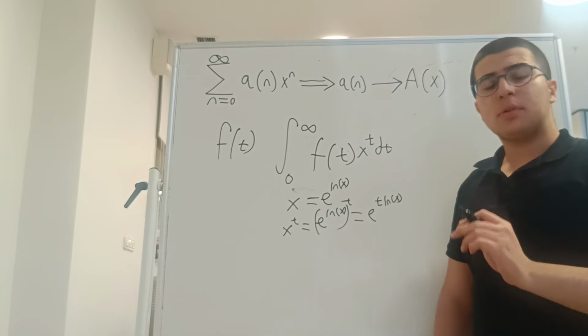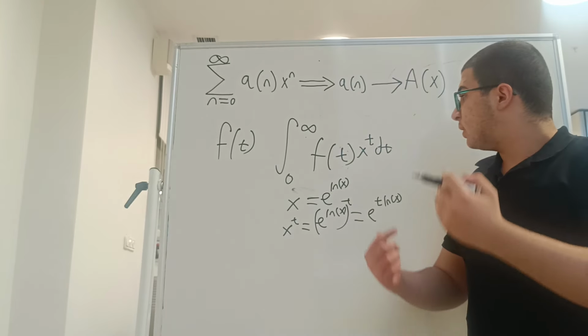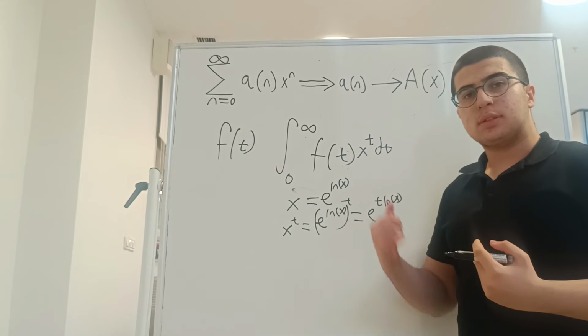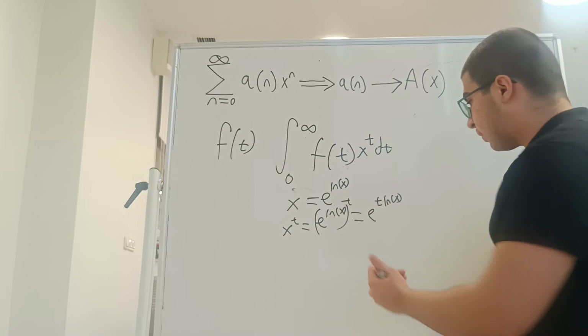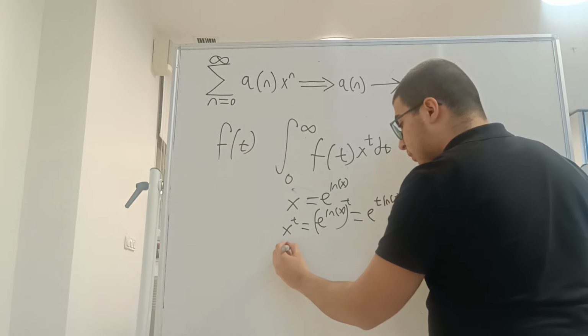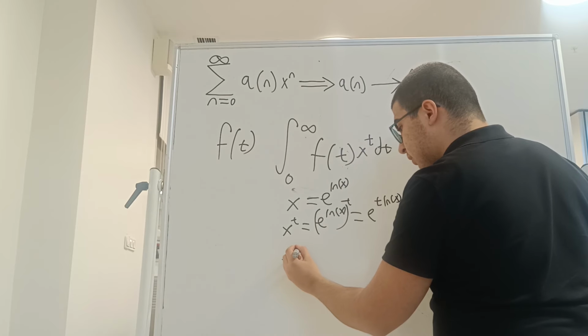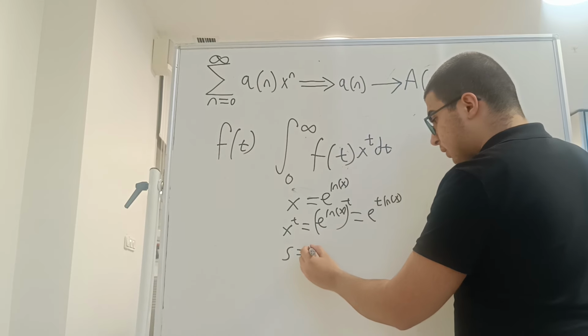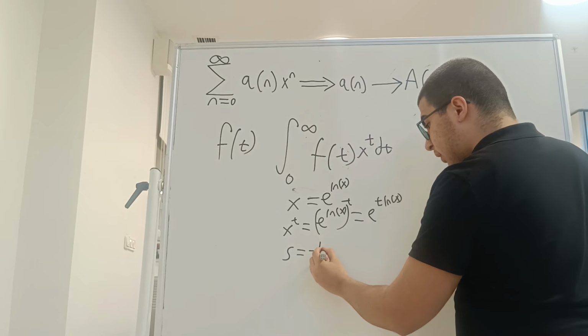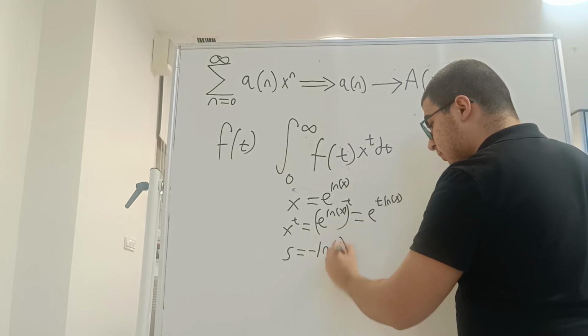Now I'm going to do something that will make my job easier to apply Laplace transform. I will introduce a new variable s and say that this is equal to minus ln x.